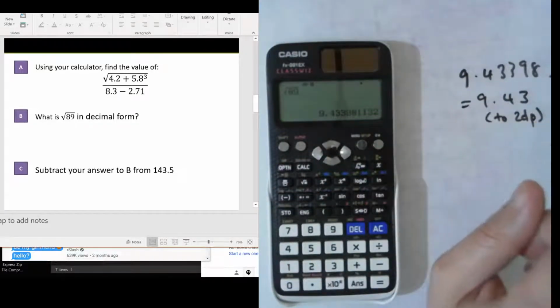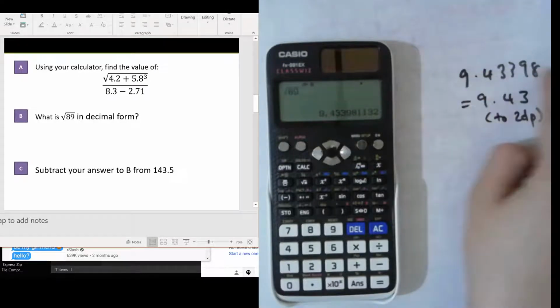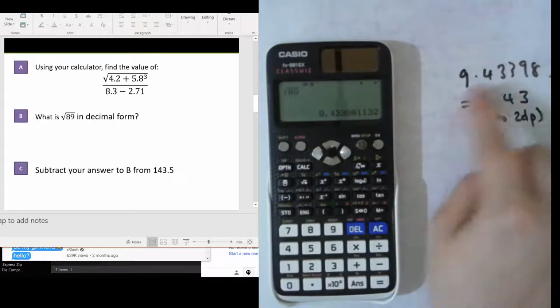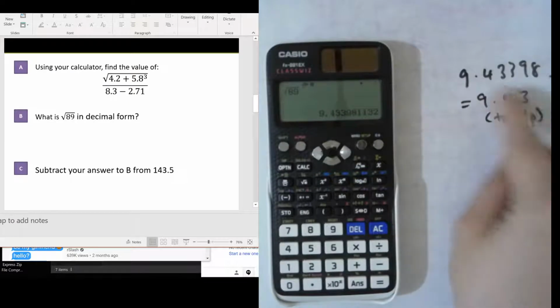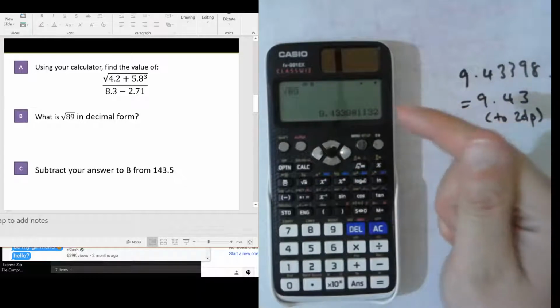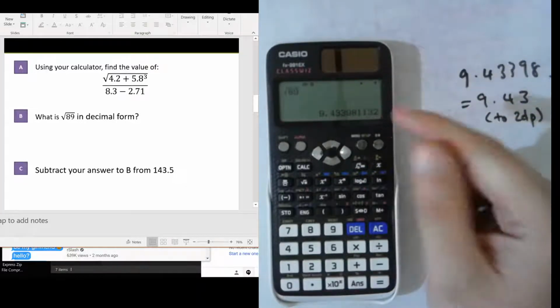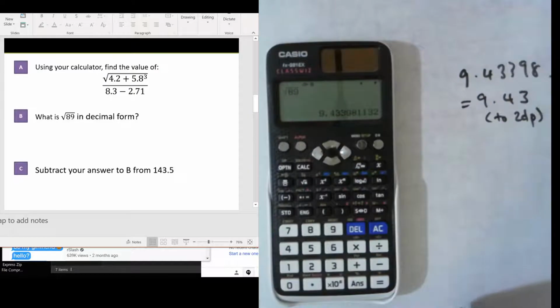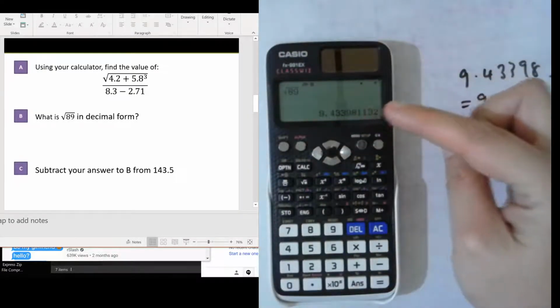They are asking for the exact number, because we've approximated it for the examiner. So when they're asking for the answer, they use this one. There is no point in typing this out because this number in itself is actually approximated, because your calculator will carry it on for however long needs be.